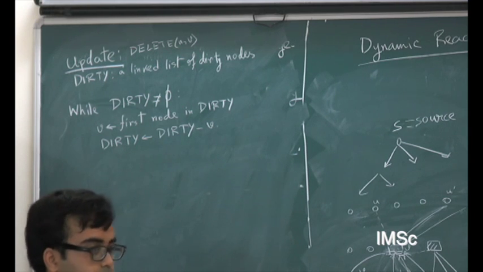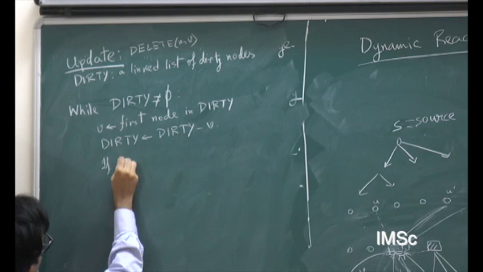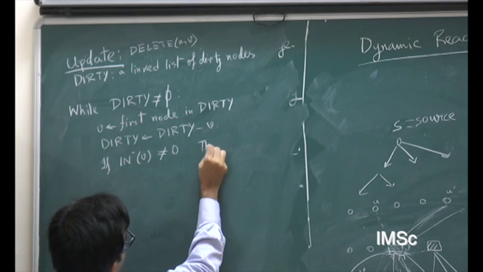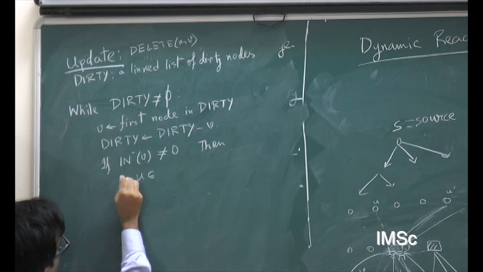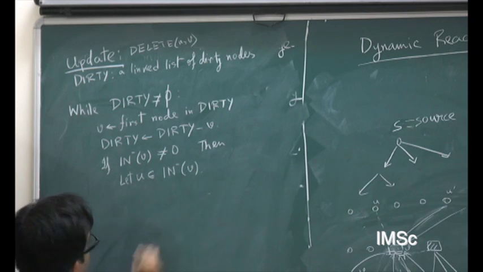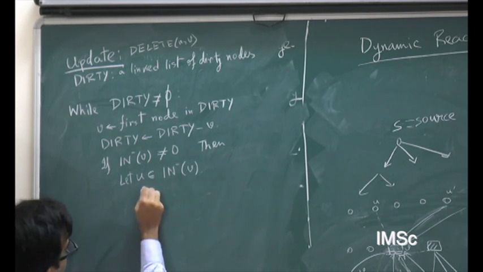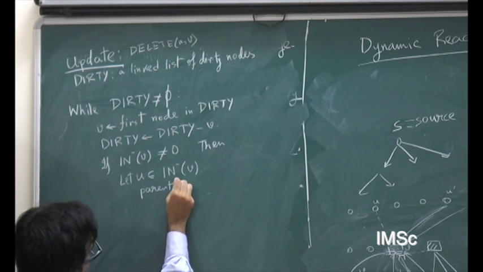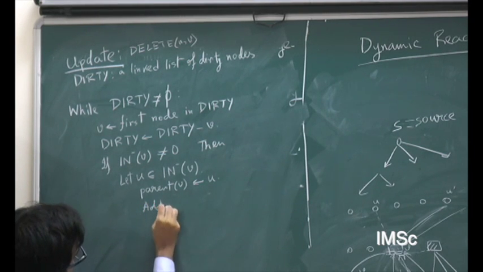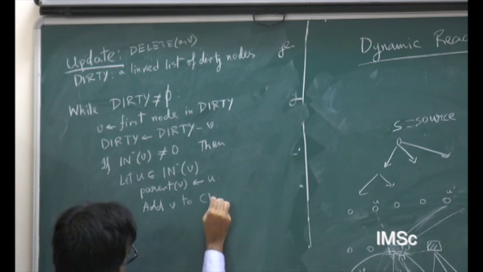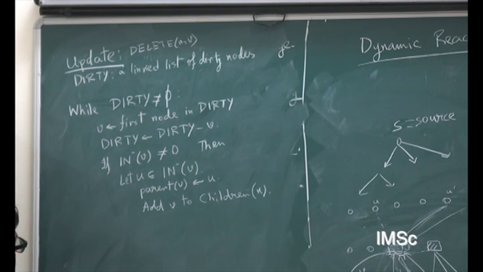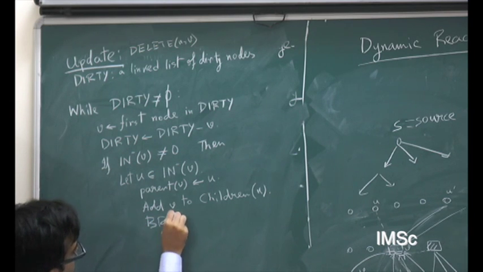Check in minus, right, if there is any parent. If in minus V is not empty, then check any node U in in minus, parent of V becomes U, add V to children of U, it's over.